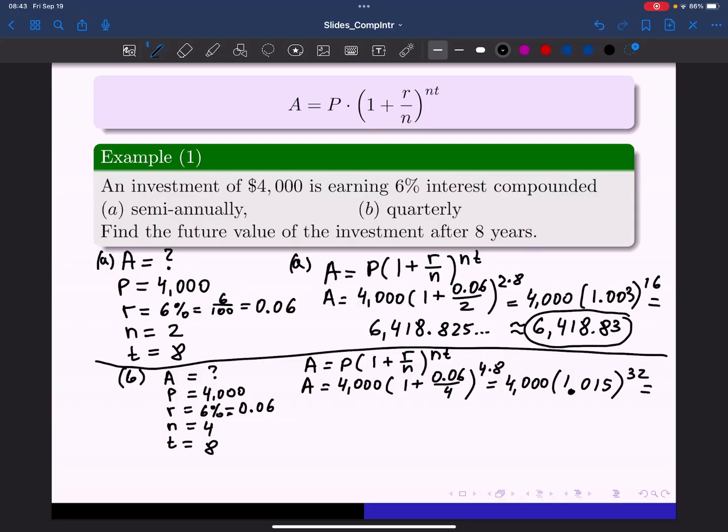And this we can type everything on the calculator, and I'm getting 4,441.29729 and so on. As before, we round to the nearest cents. So I'm looking at the next number, which is more than 5. I need to increase this by 1. So that means we have 30 cents. So the final amount is 4,441 and 30 cents.